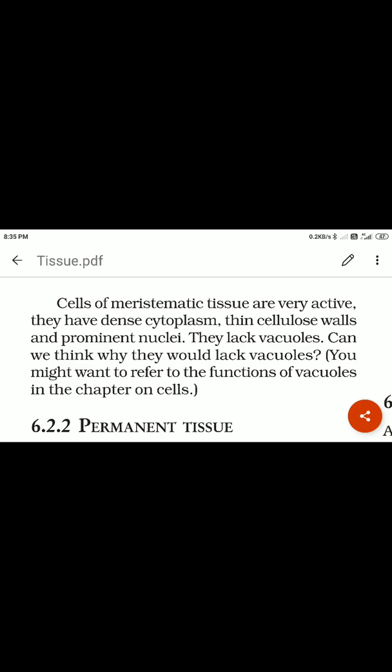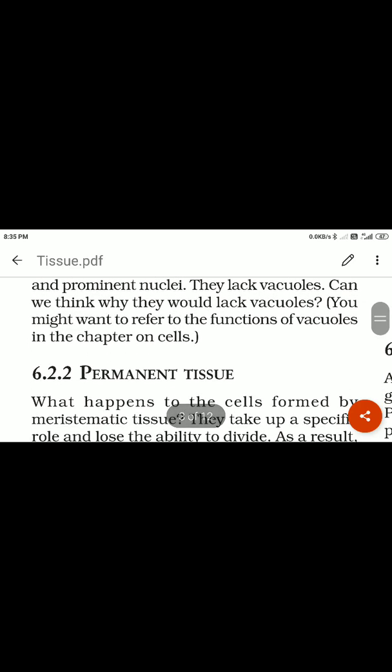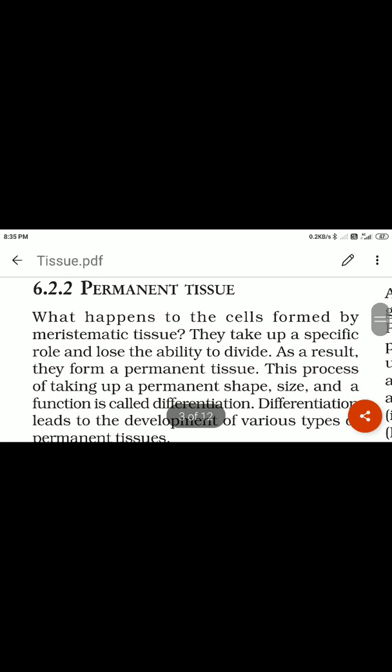Here there is no need for such things. That's why all those things are absent or dense in meristematic tissue. This is the total about meristematic tissue.